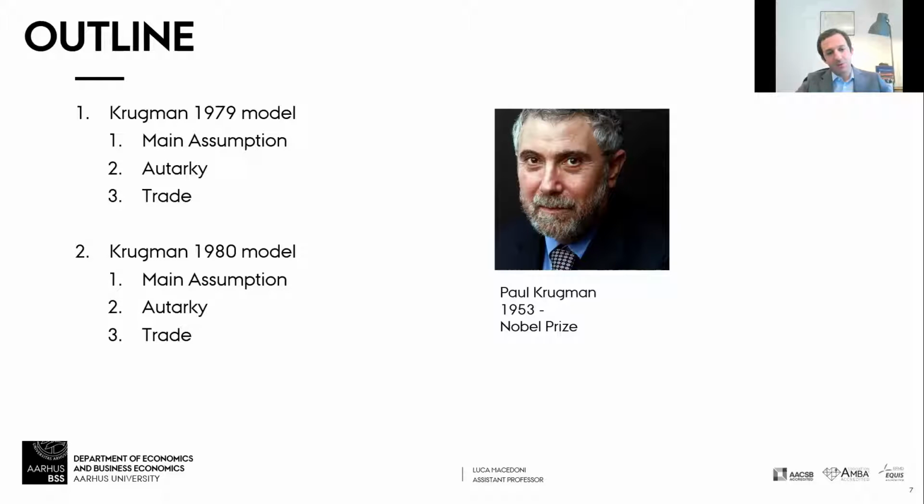But you're going to see that basically Krugman 1980 is a particular case of Krugman 79. We can call these models the models of trade with monopolistic competition, or also monopolistic competition and increasing returns to scale. So let's begin with the first of the two models.